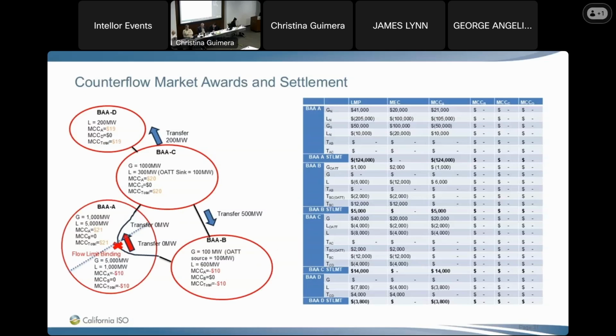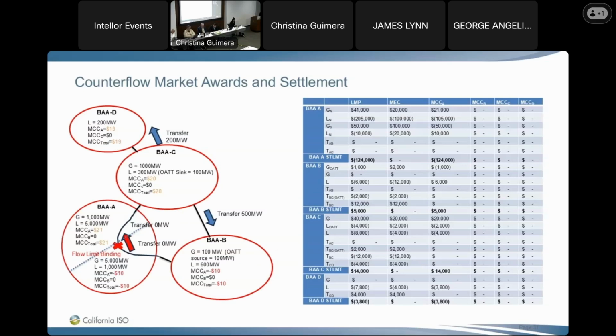So now I can see that I have energy that is coming from a generator that is going to the transfer location in BAB, and I need to now look at the congestion difference between those two transactions. In this case, for BAB, it's $1,000. For BAC, I have load that's being served.